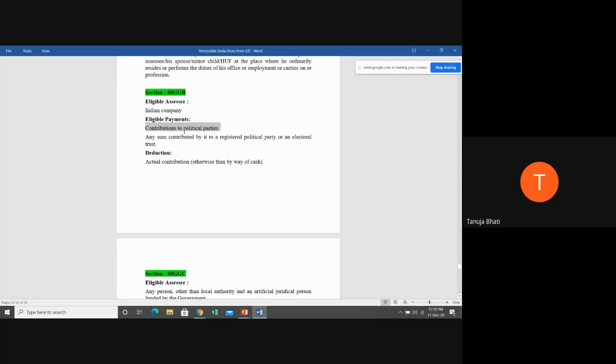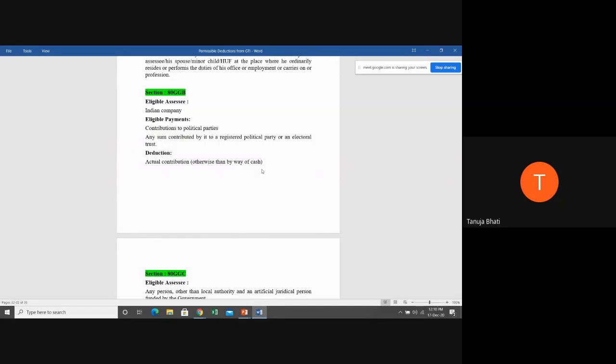So suppose an Indian company is contributing to a registered political party or an electoral trust, then whatever amount it is contributing, it is going to get a deduction of the actual contribution, otherwise than by way of cash. So if it is contributing by way of cash, it is not going to get a deduction. 80GGB deduction is given only if an Indian company is contributing to a registered political party.